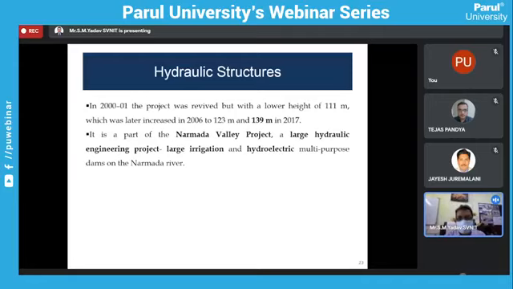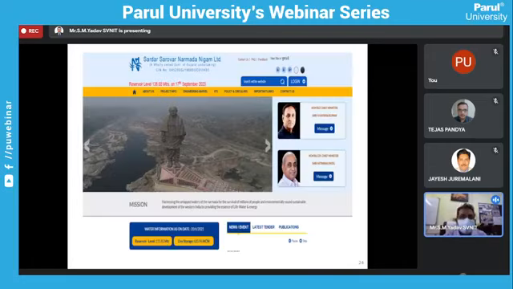It is a part of the Narmada Valley project, a large hydraulic engineering project, with large irrigation and hydroelectric multipurpose dams on the Narmada River. Such dams are the areas where the water resources engineer can work. So this is the site of Sardar Sarovar Narmada Nigam Limited.